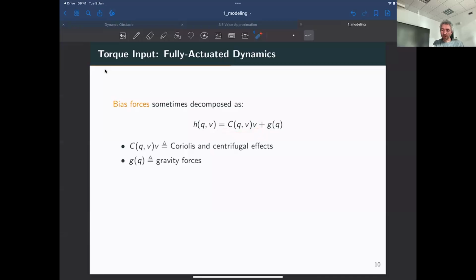You cannot see it in this form, but you can write this in a form that makes explicit its quadratic dependency on the joint velocities. But we're going to work for the rest of the course using H. So this is just for your information, but we don't need this.